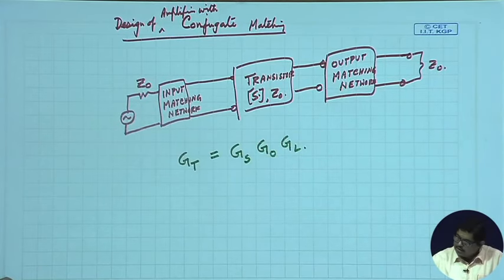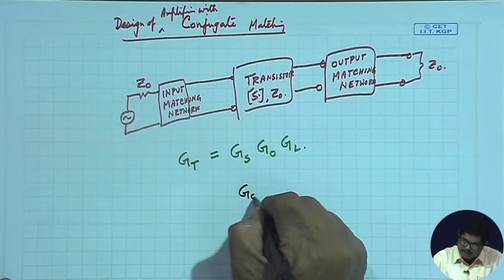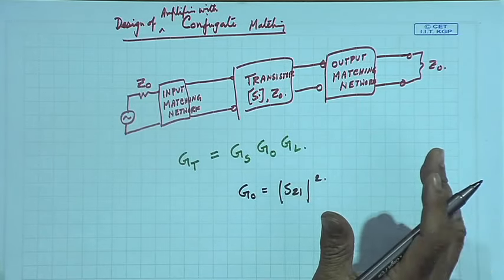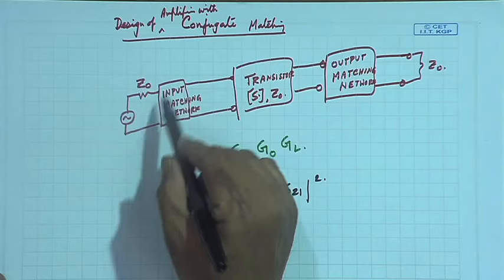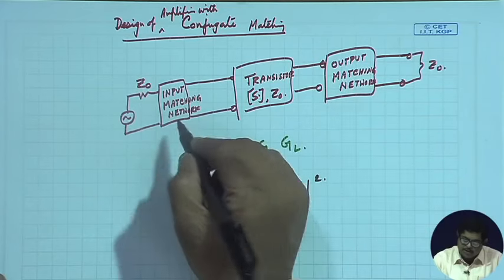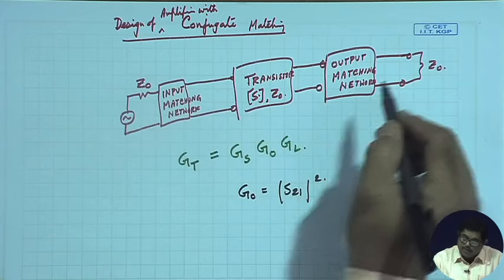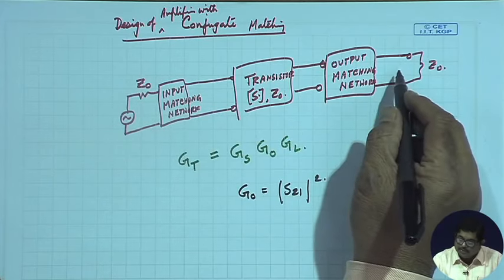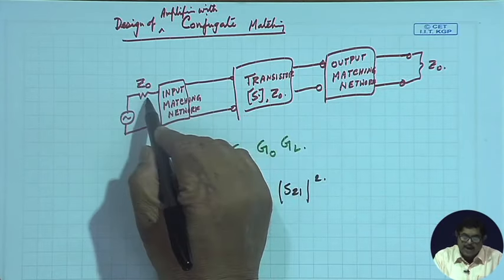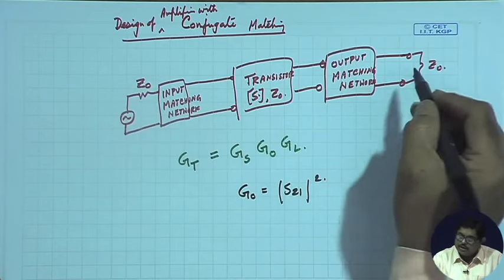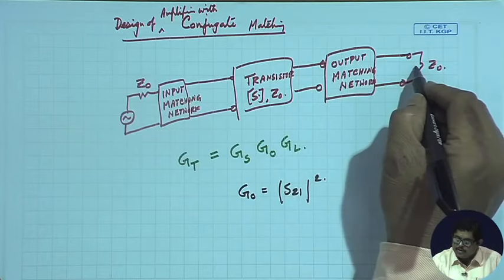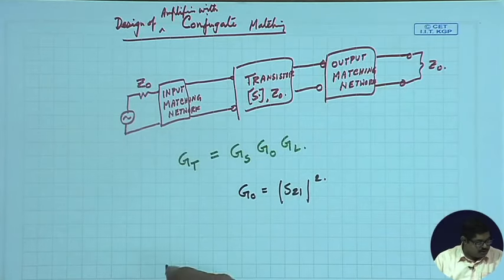So, we know that typically this Z0 is given by S21 squared. Now, the amplifier designer's job is to design the input matching network and output matching network, so that I choose my proper gamma S and gamma L, so that ZS will appear as Z0 to the source. Similarly, the ZL at the output, with this output matching network, will appear as Z0, and then it will be conjugately matched.